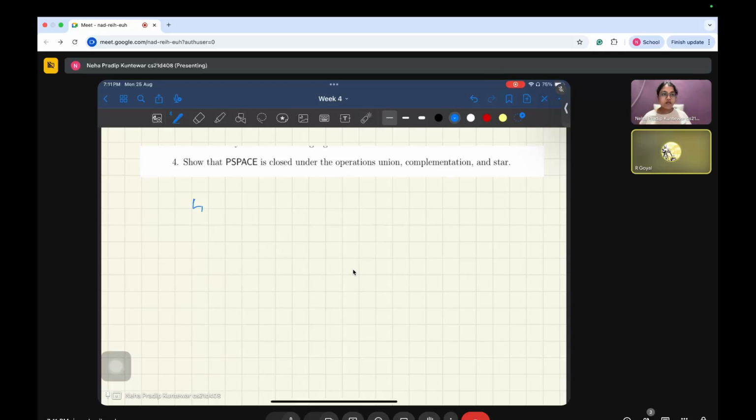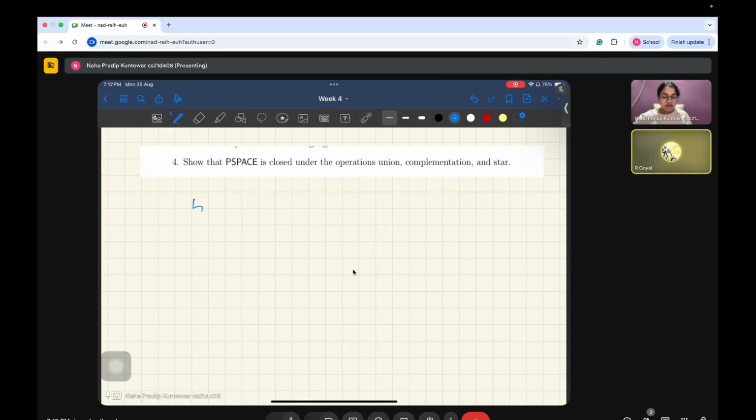For complementation, if L1 is in PSPACE, then its complement would also be in PSPACE. I just need to reverse the answers. And for the star operation, if L1 is in PSPACE, then the Kleene closure of L1 would also be in PSPACE.